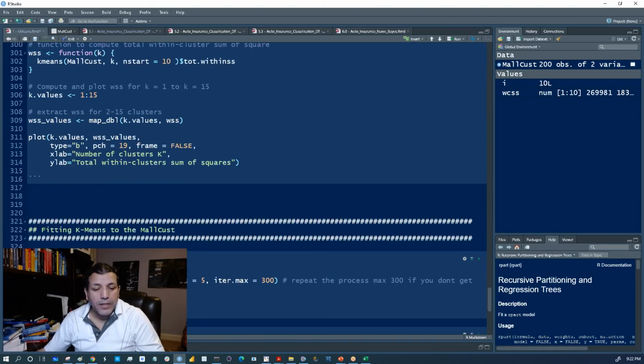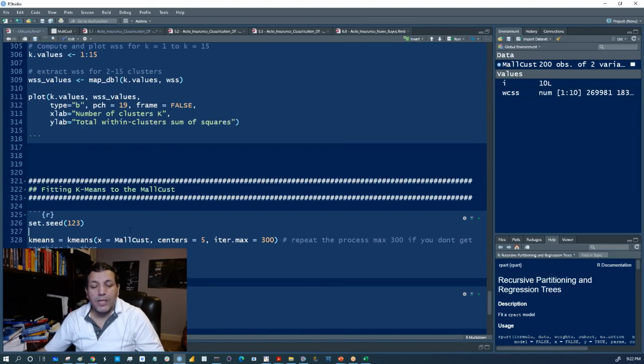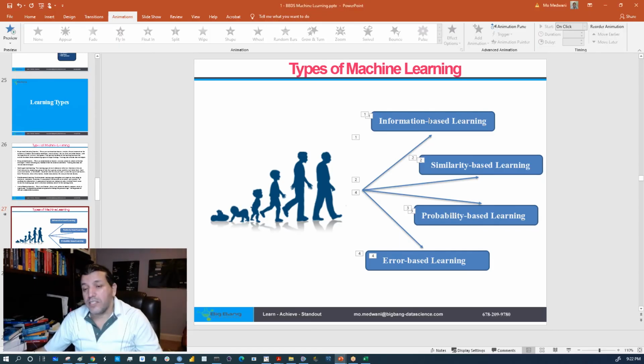Determine optimal functions fit. Okay, here we go. Now we are going to import a package called K-means. K-means is an algorithm designed for similarity-based learning. Decision tree was designed for information-based learning. K-means, K-mode, and hierarchical clustering analysis are types of models designed for similarity-based learning.